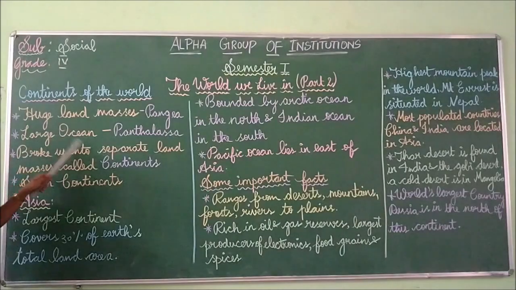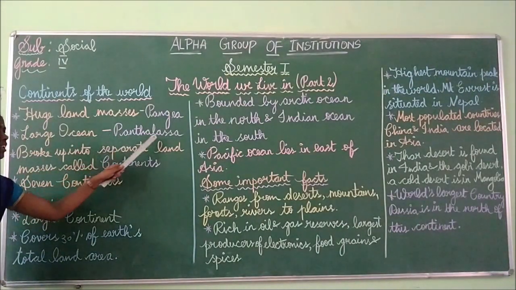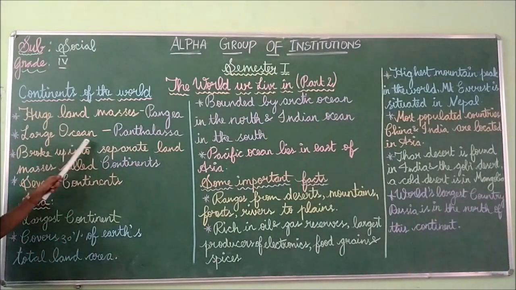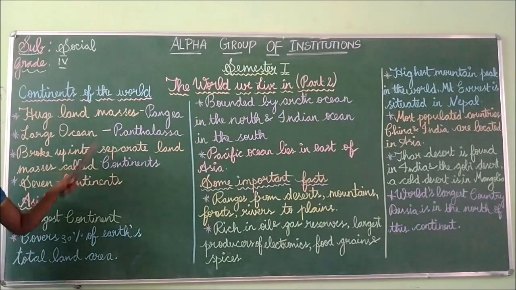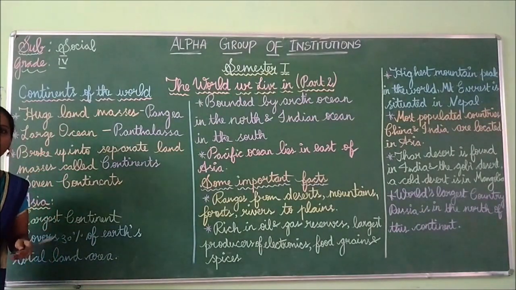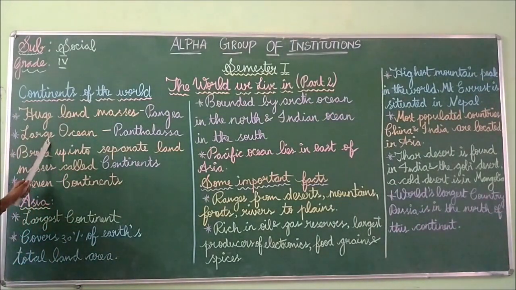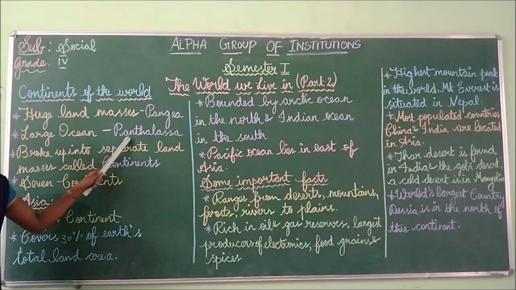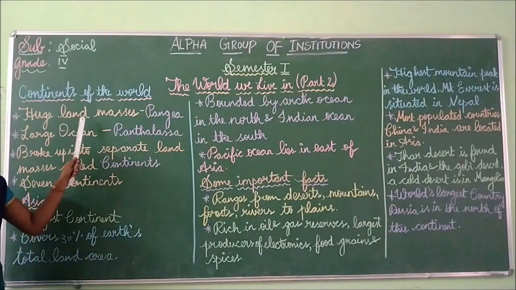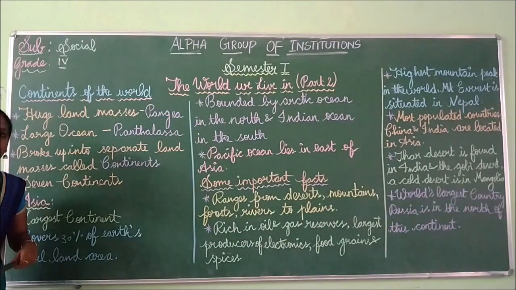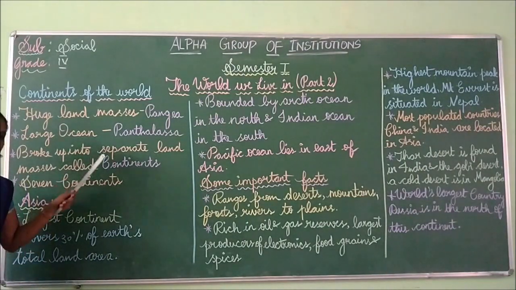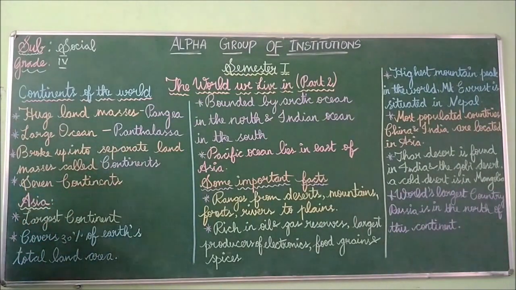And then the large ocean is referred to as Panthalassa. These huge land masses were surrounded by water bodies, that is, a large ocean called Panthalassa.